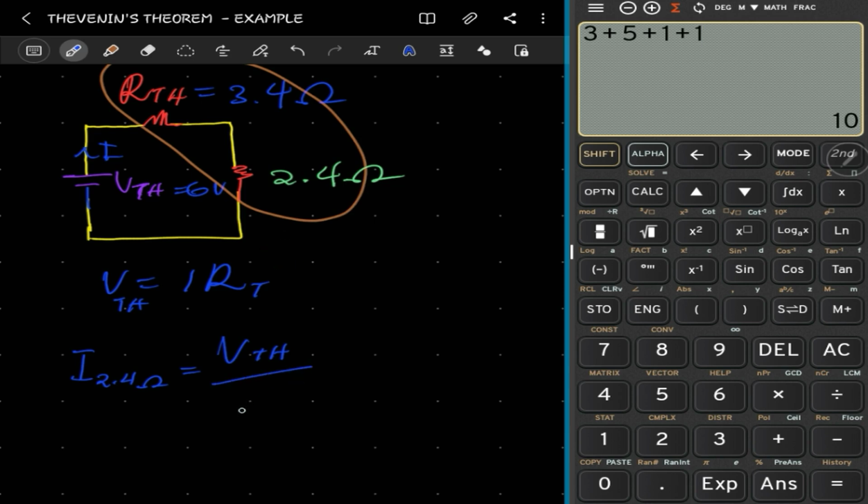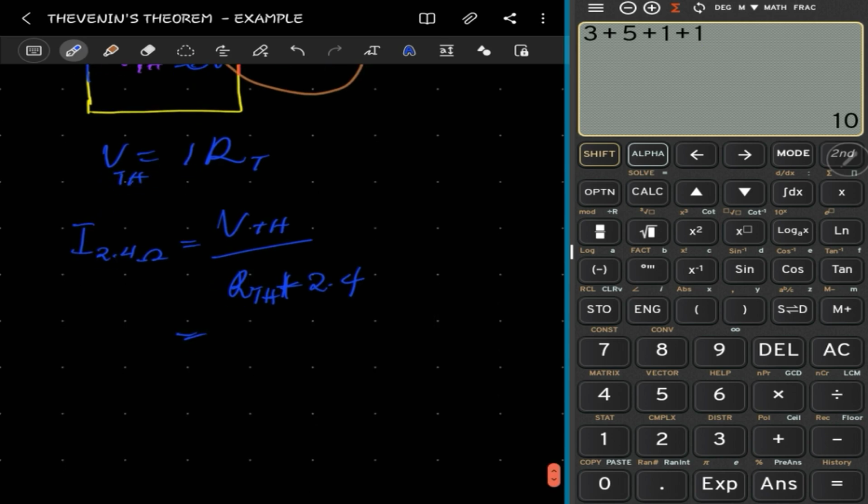And we know R total is the same as 3.4, which is the RTH, plus 2.4. So let's write this out so we see clearly what's happening. So 3.4, right? Oh, I wrote RTH. RTH, okay. RTH, right? So clearly we can find the current through that one.